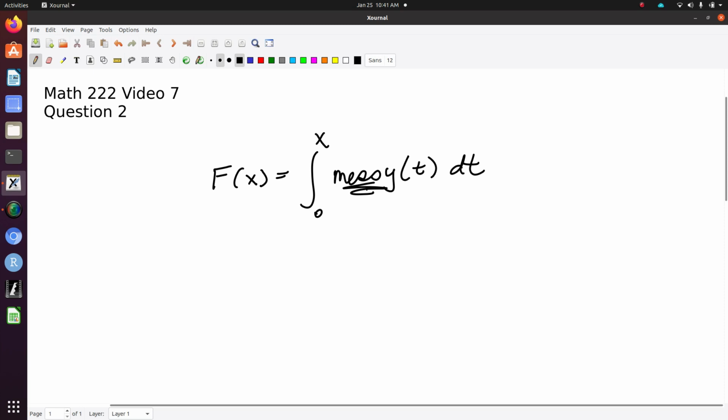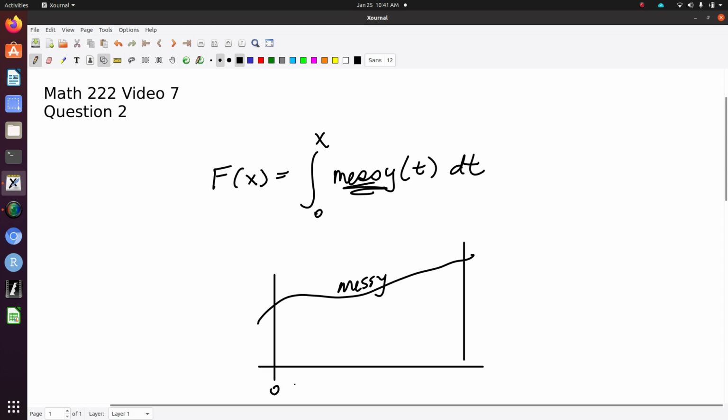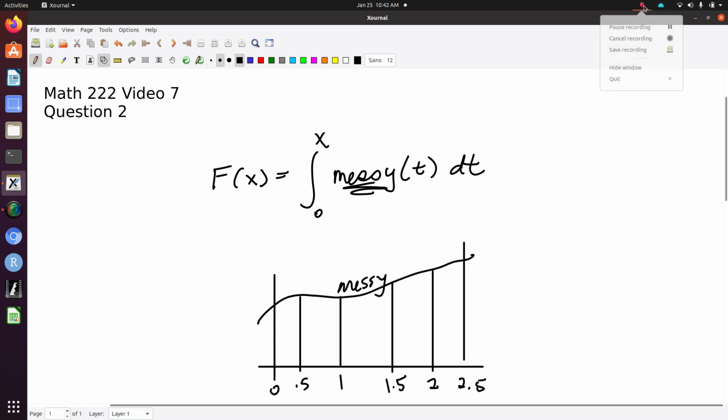And in your exercise it says approximate capital F of x at the following points, and you notice that they're evenly spaced. So if your messy function is going from 0 to, let's see, 2.5, and it's asking you for a whole bunch of different approximations, well, of course we divide it, and then what?